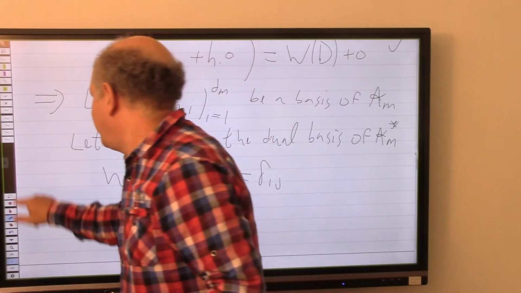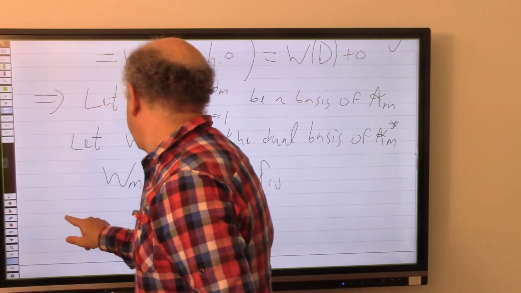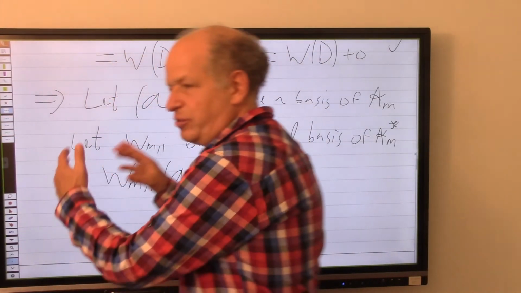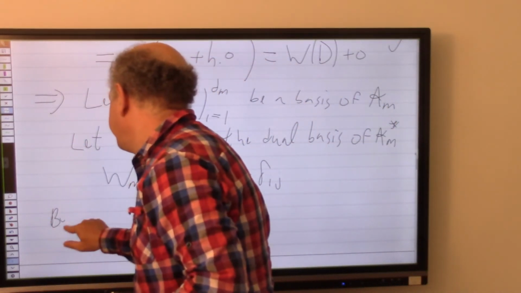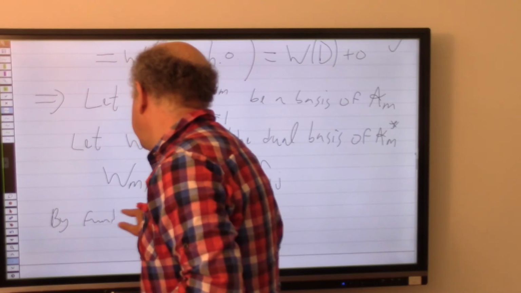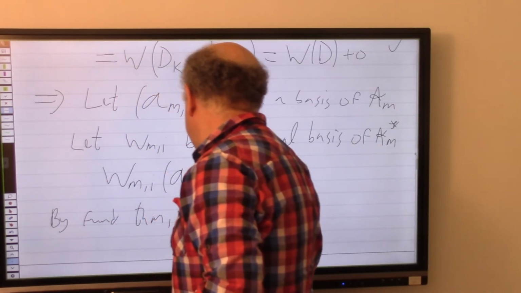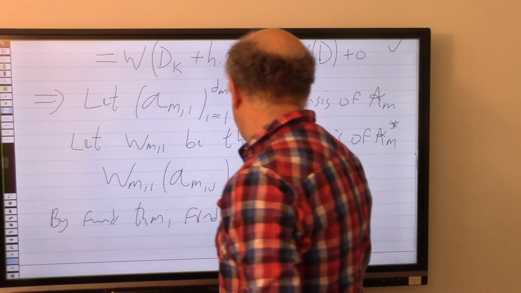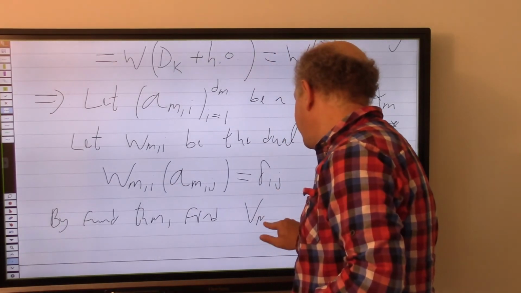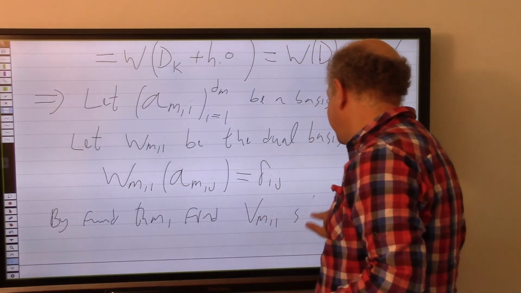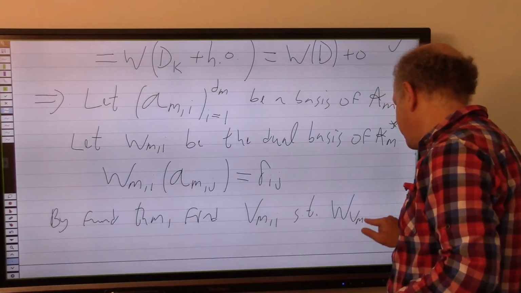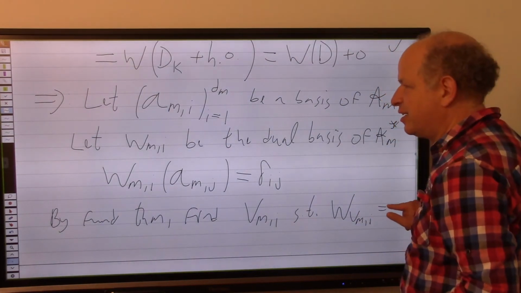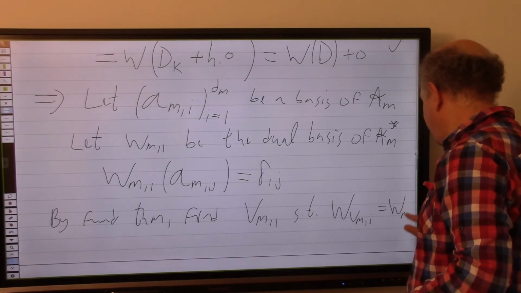So, by the fundamental theorem, now I'm assuming the fundamental theorem, find V_mi such that the weight system of V_mi is W_mi.